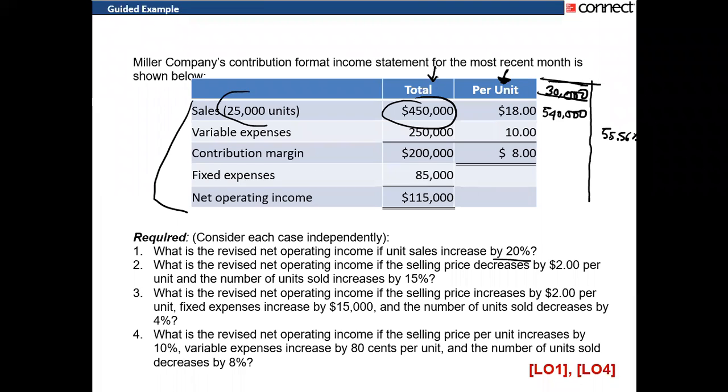And now apply this percentage, 55.56%, on this sales to get the variable expense amount.